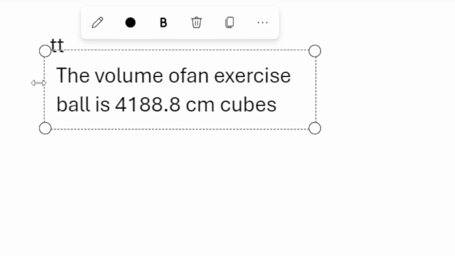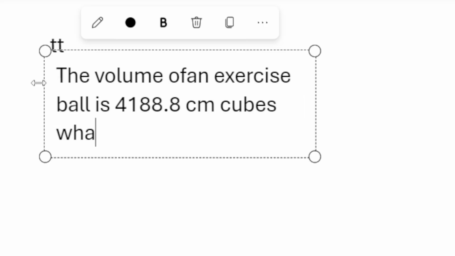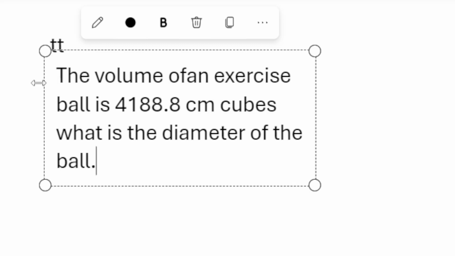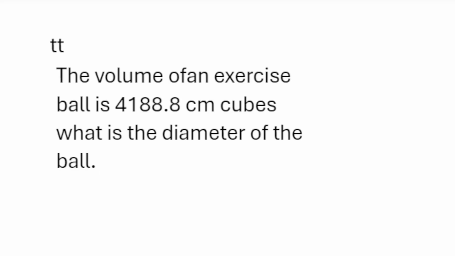What is the diameter of this ball? So in this question, we have been given the volume and we are going to look for the diameter.